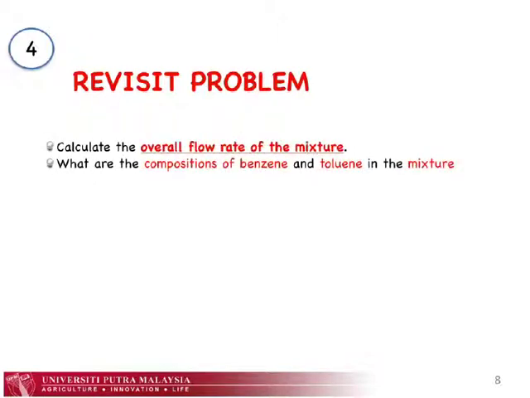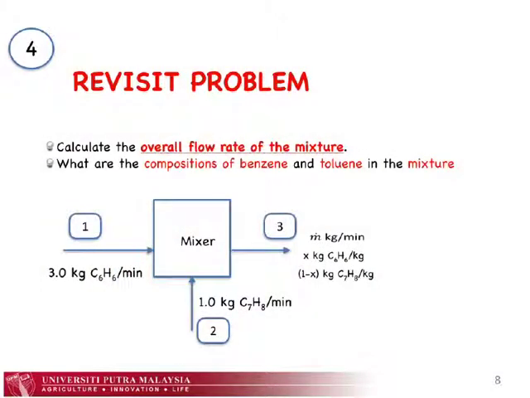Once we label all the unknown variables, let us revisit the problem statement. We were required to determine m dot, which is the total flow rate of the mixture in stream number 3, and we have to calculate the composition of all compounds in the mixture. Remember that mass fraction is an interdependent relationship, which means if we are able to find a value for one component, then we will be able to find a value for the other components in the mixture.